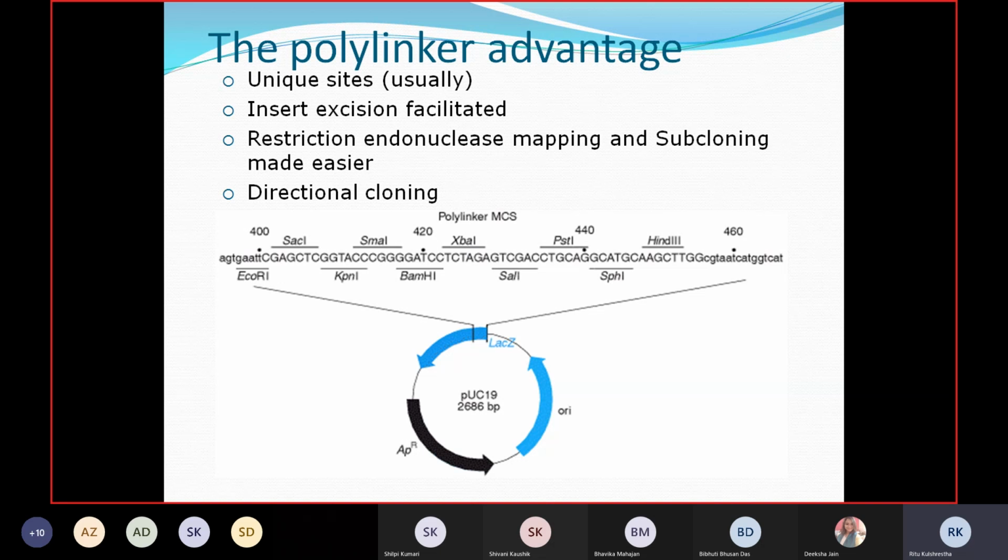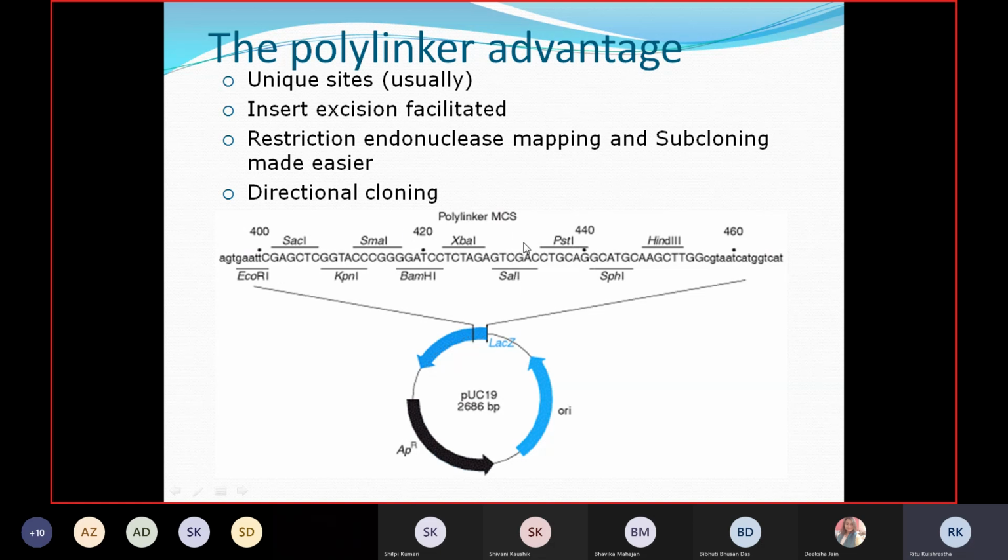So then you can know, for example, you cloned a fragment of 500 base pair, and towards the end of the 500 base pair, let's say you had a SmaI site. So if I digest my recombinant clone with SmaI, then if it is in the right direction, I will get a fragment of around 500 base pair.